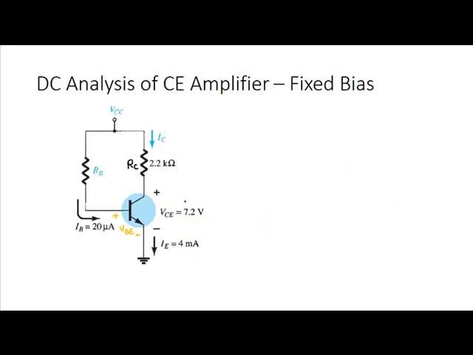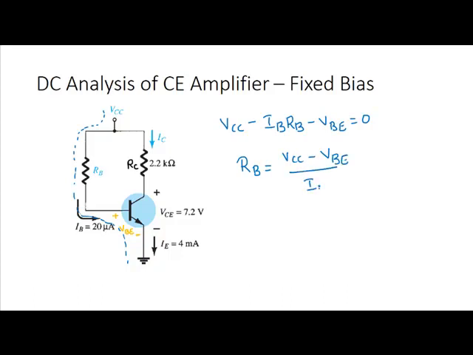So let me do that. To apply the KVL to the input side, we will have to take this route, VCC through RB through VBE to the ground. So VCC minus IBRB minus VBE equal to 0. Now I'll rearrange the terms. I need the value of RB, so I'll get VCC minus VBE divided by IB.